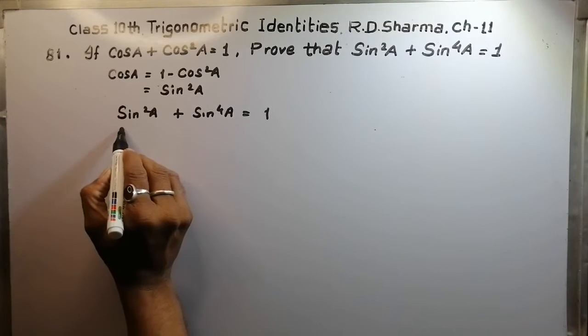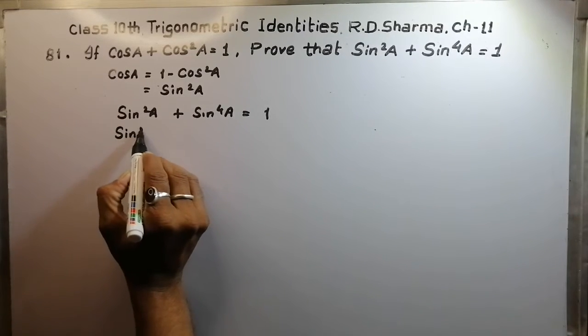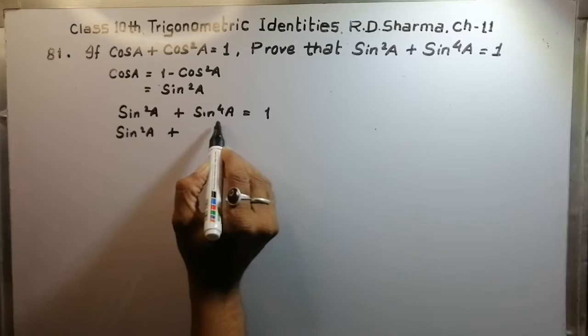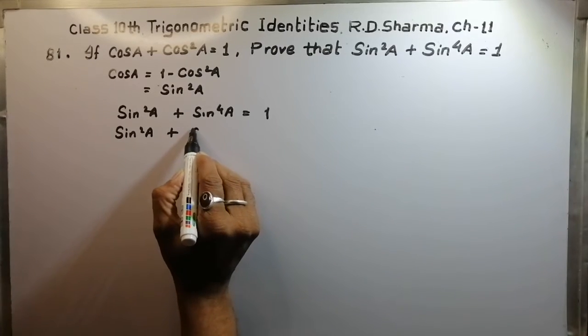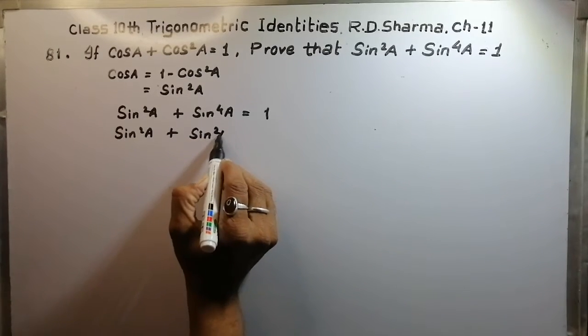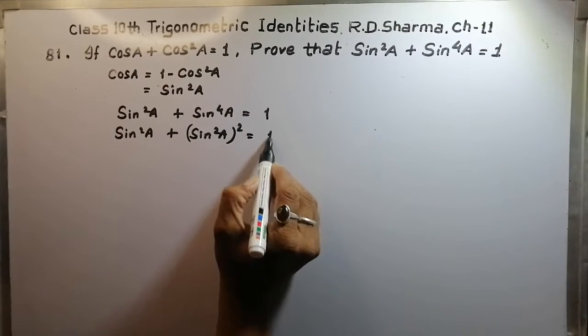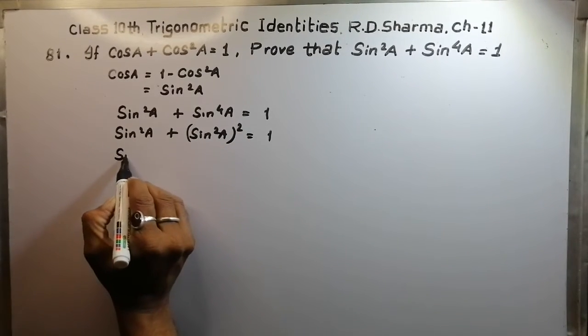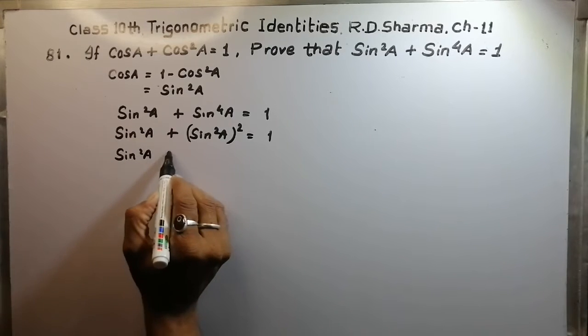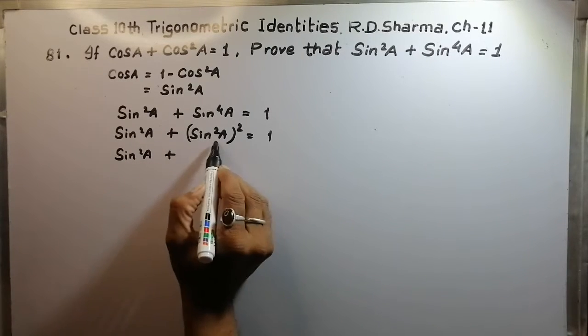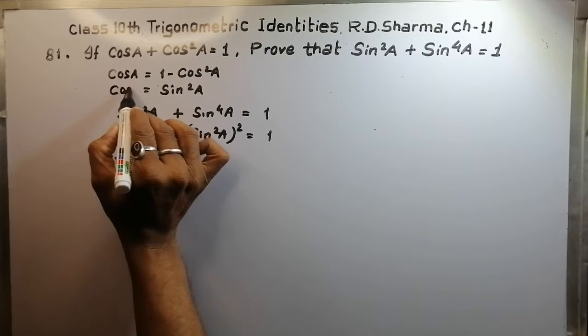So we can write sin square a plus, we can change sin raised to power 4a as sin square a whole power 2 is equal to 1. Now sin square a plus, we can write sin square a as cos a.